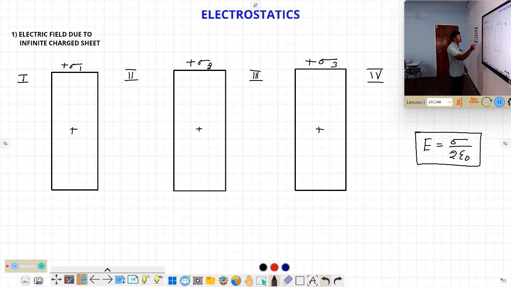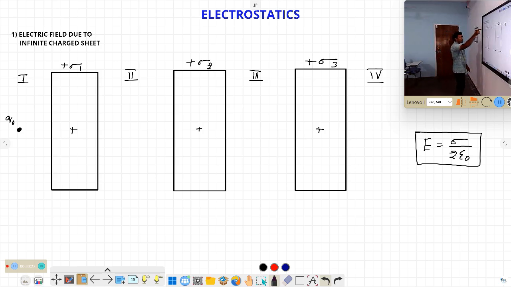Now, what is the electric field intensity in the first region? This is the first region. To calculate it, first consider the plate which is positively charged. Imagine a test charge at that point, to understand the direction of the electric field.